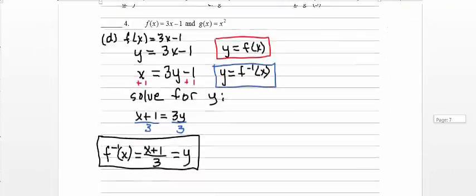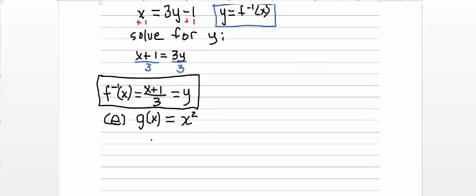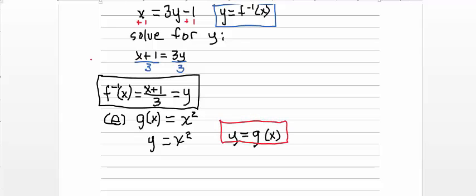Now we want to find g inverse. Well, g of x is x squared. We're going to interchange x and y, but before we do that, this y is g of x. When we interchange x and y, now y is g inverse of x.